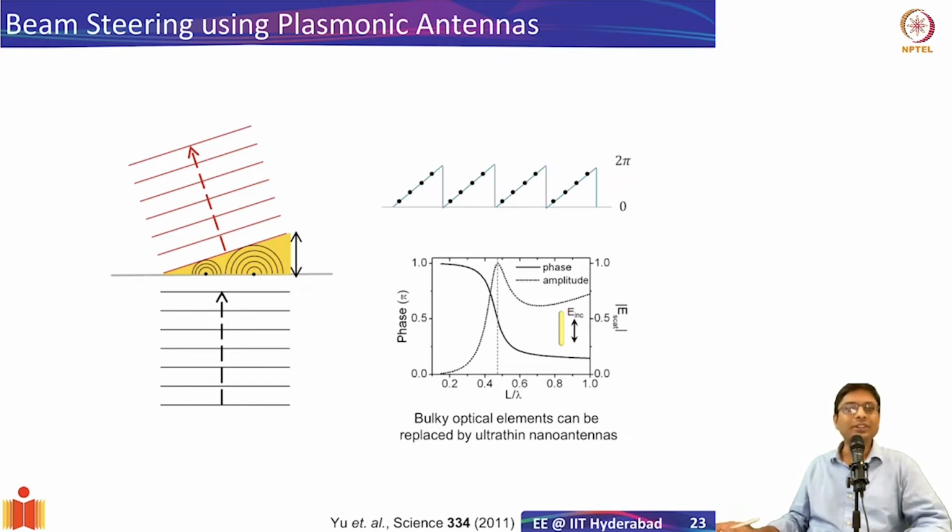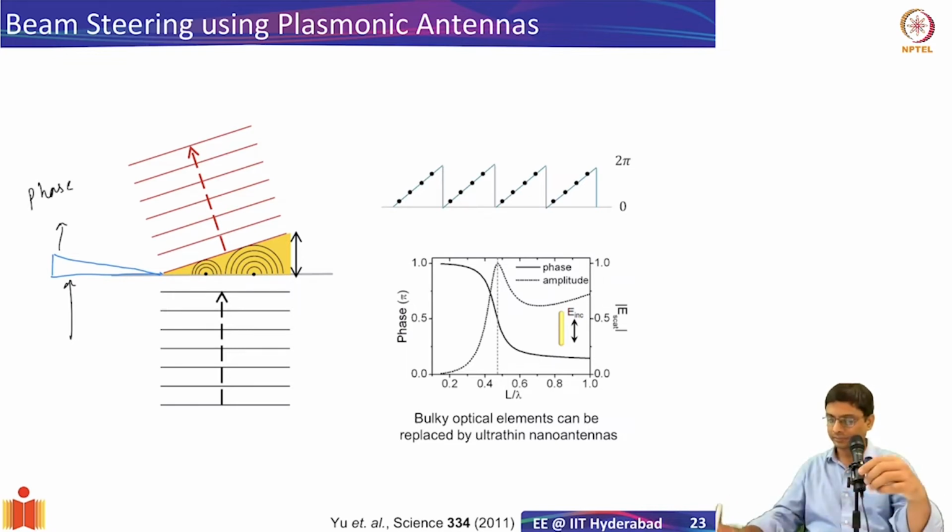If we look at the traditional, centuries old bulk optic way, we'll have to create a wedge. I'll create a structure which is a triangular piece like this. And let's say I shine light on this. If I shine light on this edge here, there is a thick piece of glass, so the phase fronts are slowed down, and we saw how the phase fronts propagate in glass, right?